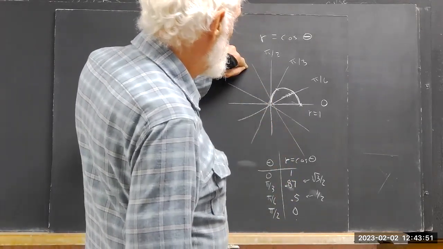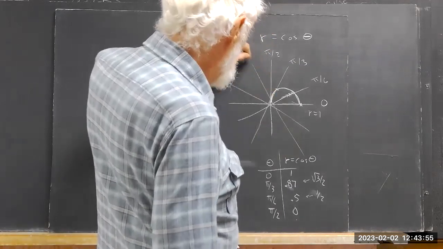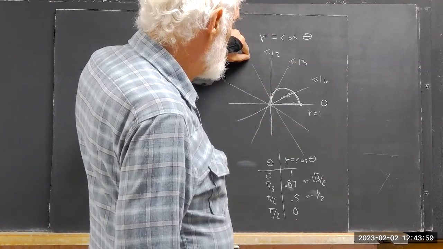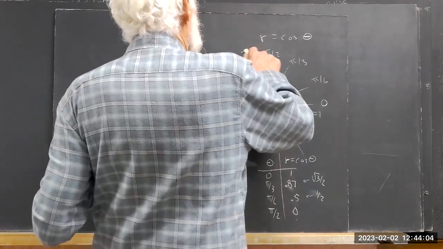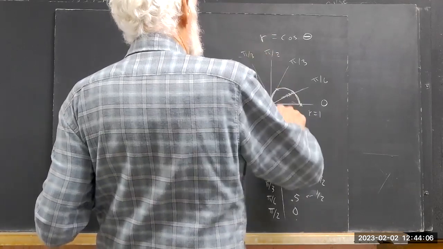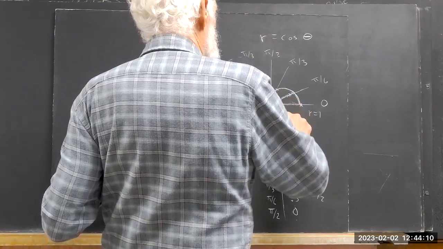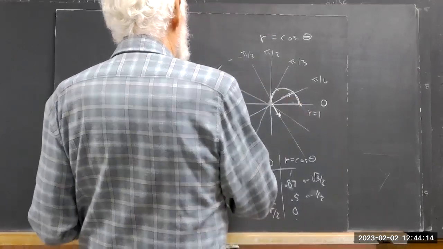Then what happens? The values of the cosine become negative. So if we come out along the 2 pi over 3 line, r is going to be negative 0.5.